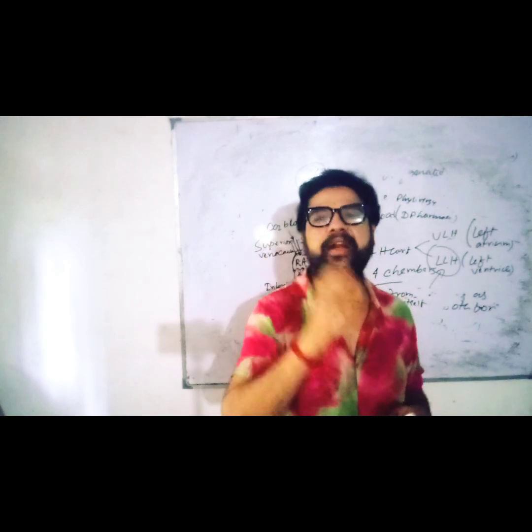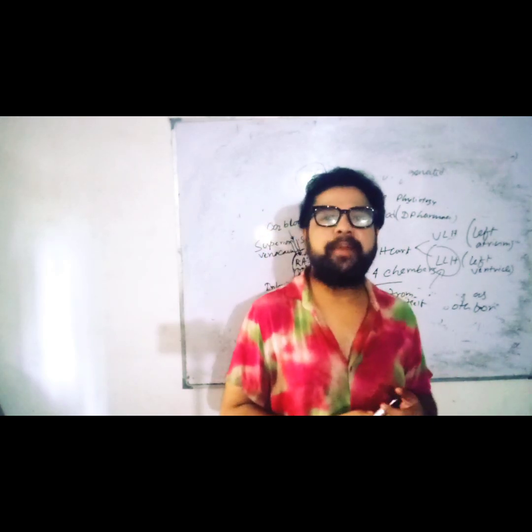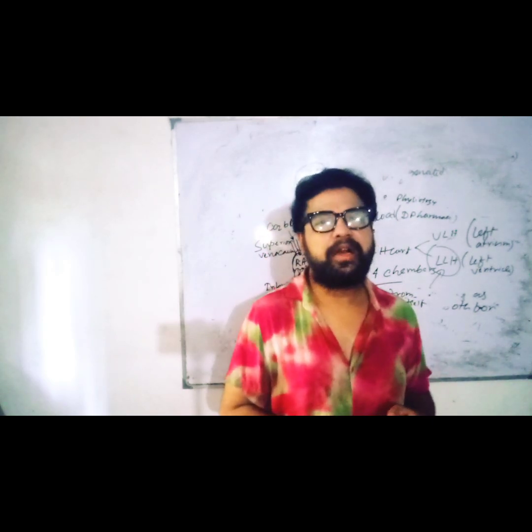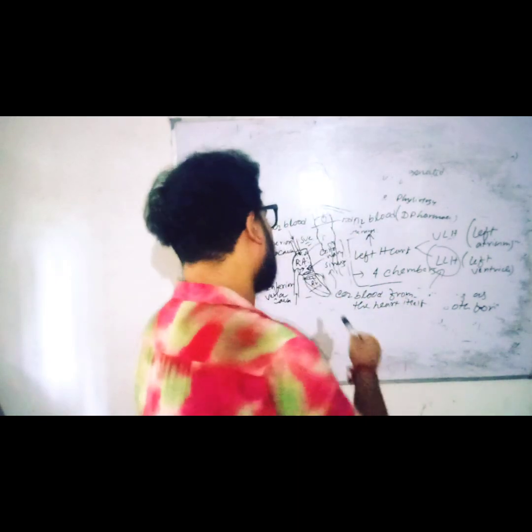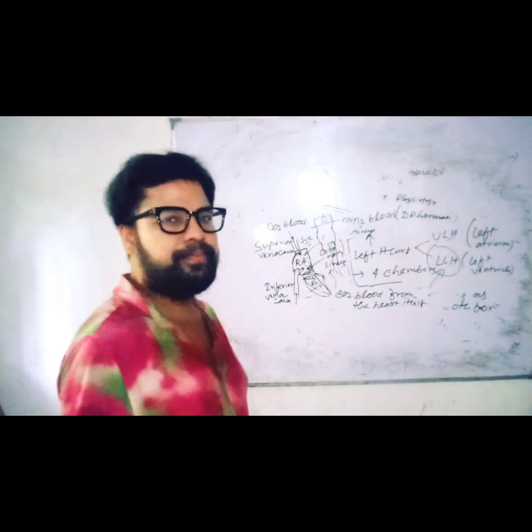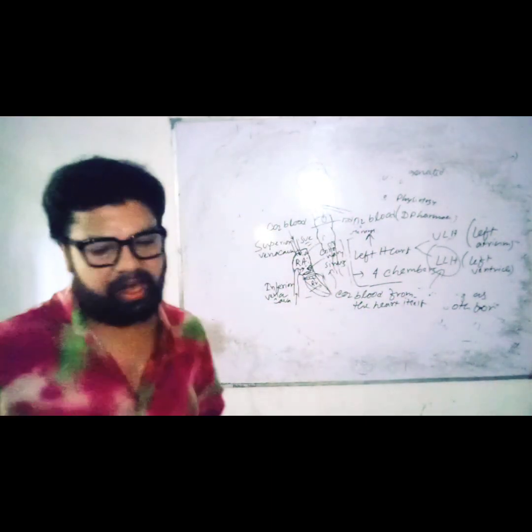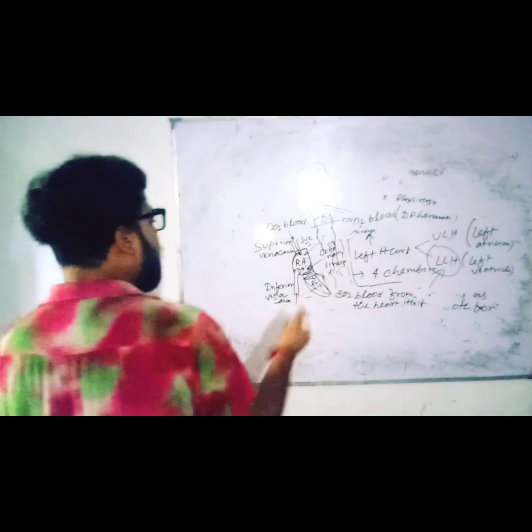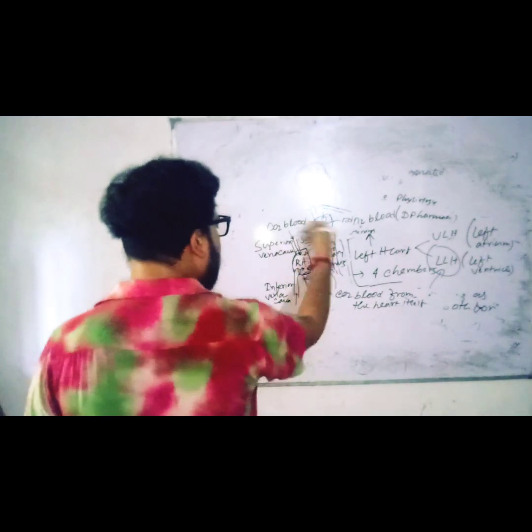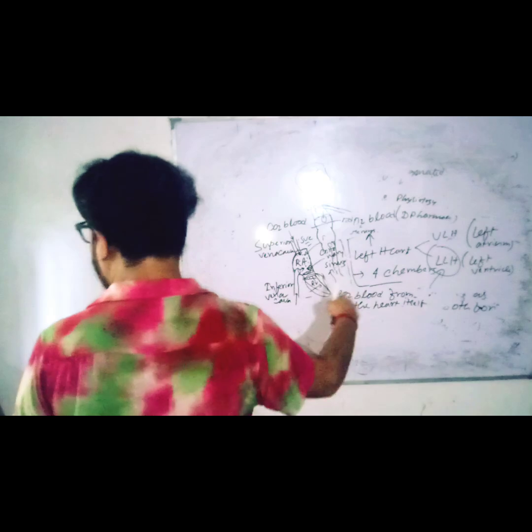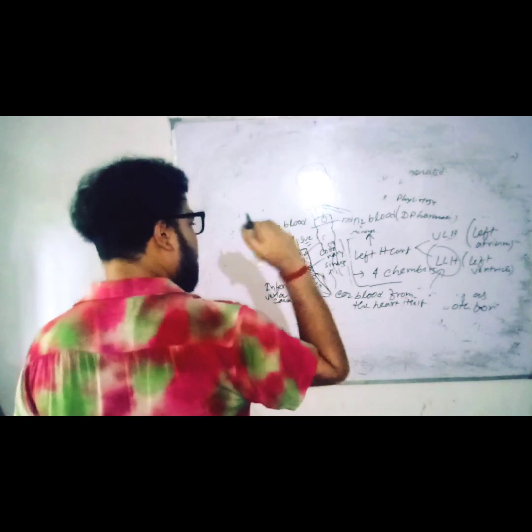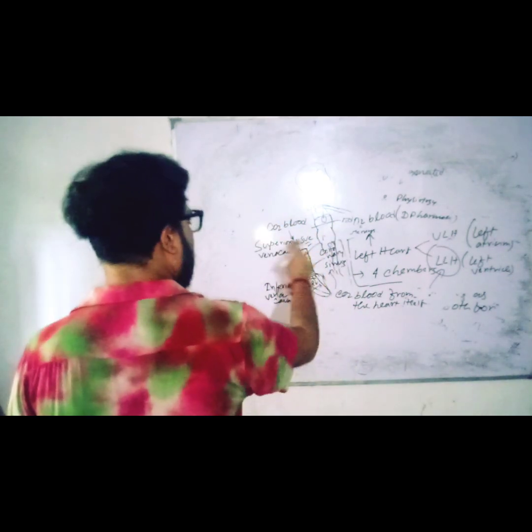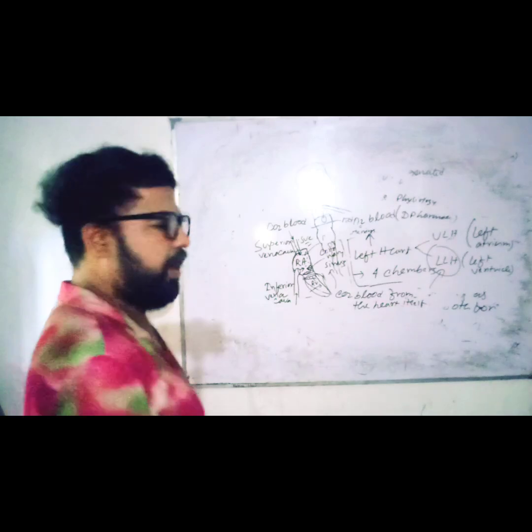Through which channel will heart muscle eliminate that CO2 blood? Through this coronary sinus. Apart from this coronary sinus, there are lots of minor openings, and through these openings also heart tissue will be eliminating CO2 blood into the right atrium.